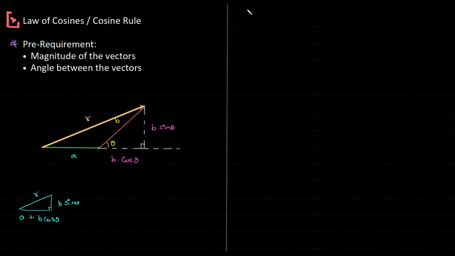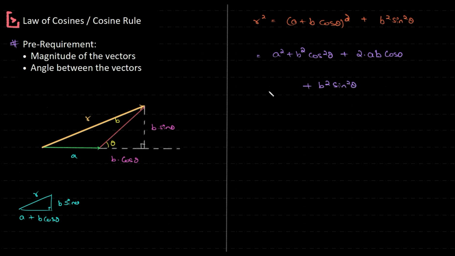Now, how do you find r? So r squared is (a plus b cos theta) the whole squared plus b squared sine squared theta. Again, you have to be very thorough with trigonometry moving forward, and of course, math basics. So I'm expanding this as a squared plus b squared plus 2ab cos theta, plus b squared sine squared theta, that's the other term which is left.